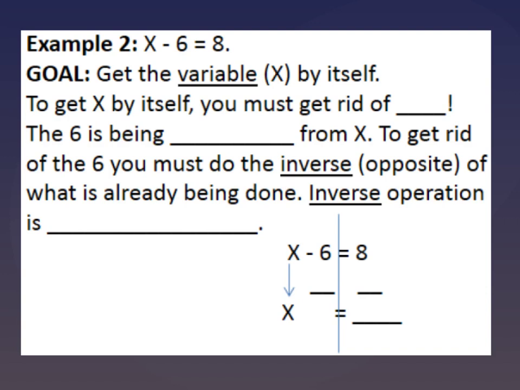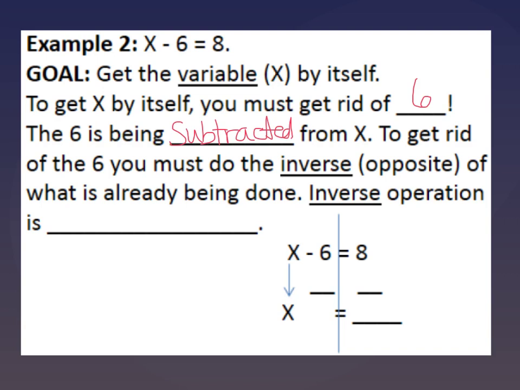Moving on to example 2. x minus 6 equals 8. Again, our goal is to get the variable x by itself. To get x by itself, you must get rid of 6. The 6 is being subtracted from x. To get rid of the 6, you must do the inverse or opposite of what is already being done.